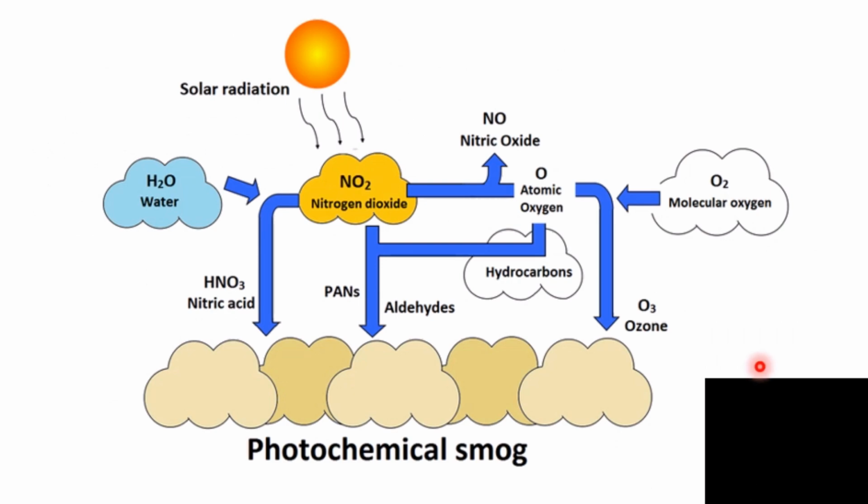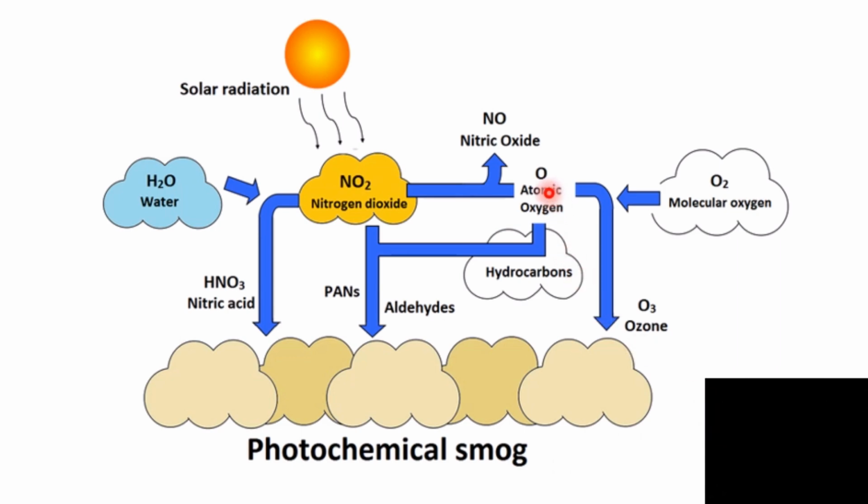This is another pictorial representation of how all the primary pollutants combine together in the presence of light to form secondary pollutants. Here you can see water vapor, nitrogen oxide, and O2. All these combine together, you can see the arrow here: nitric acid, PAN, aldehyde, O3. Everything together forms this brown layer which is your photochemical smog.